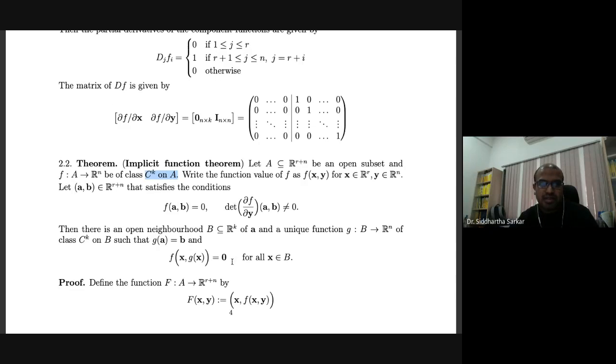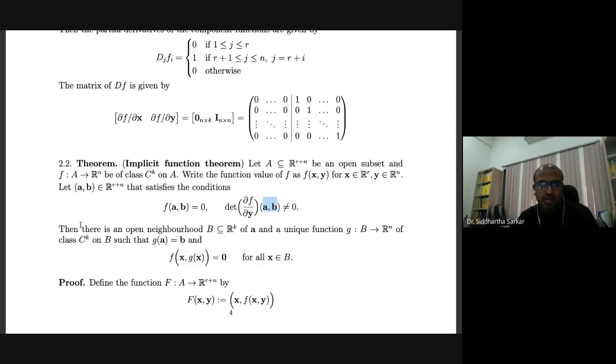So what is meant by that? You start with a point where the function vanishes, but its derivative with respect to the y coordinates, computed at this point, is non-singular.